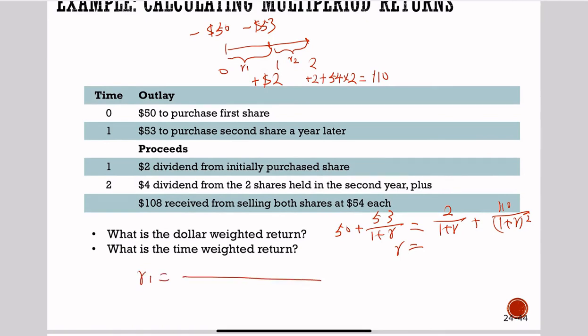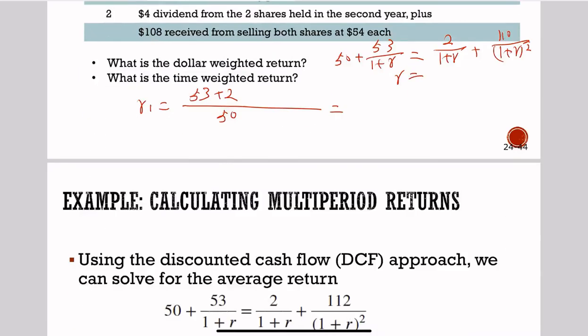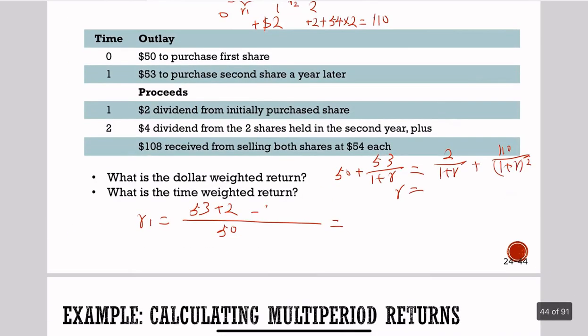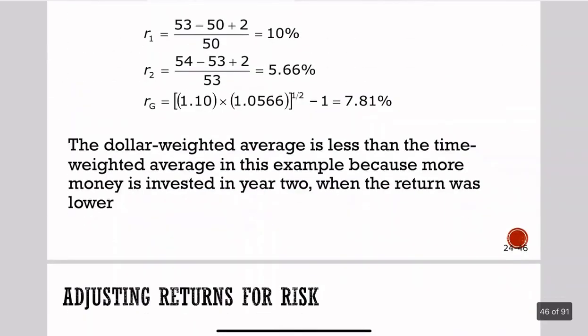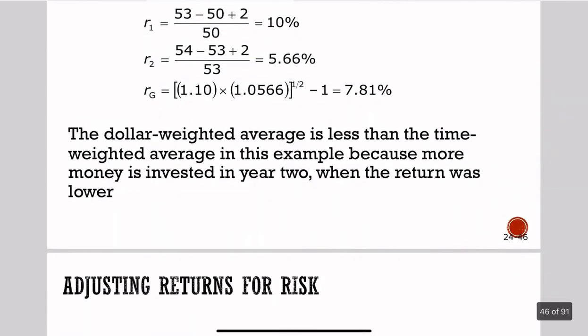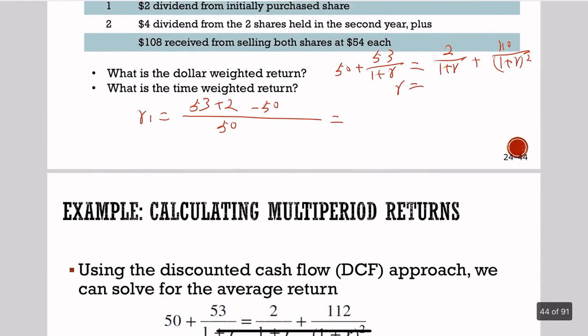Well, in the beginning, you have 50. And at the end of the period, this 50 will increase to 53. And then you will get $2 of dividend. So this gives you 10%. Oh, it's actually a very easy calculation, 10%.